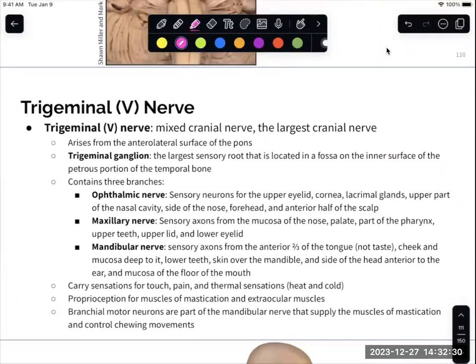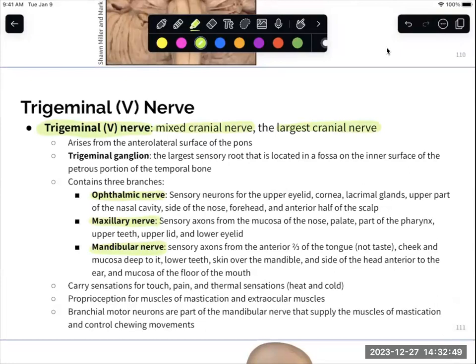Trigeminal. Trigeminal nerve is that mixed cranial nerve, so it's going to have motor and sensory. It is our largest cranial nerve. We have 3 branches to it. We have an ophthalmic branch, maxillary branch, and a mandibular branch.